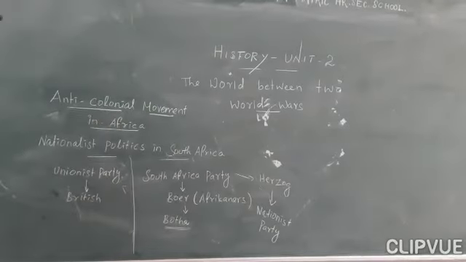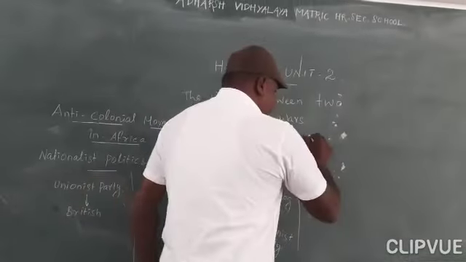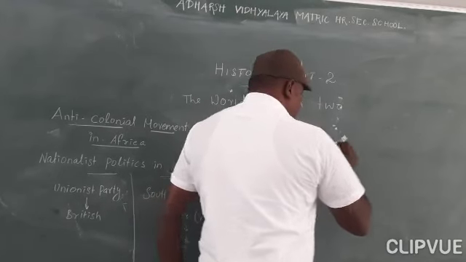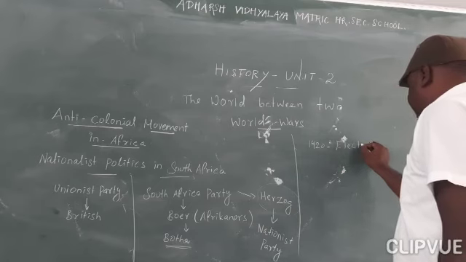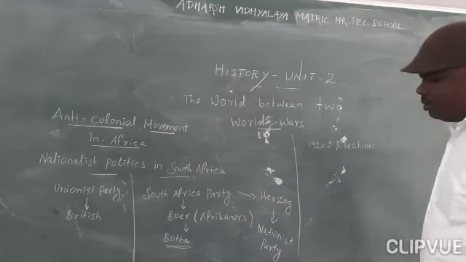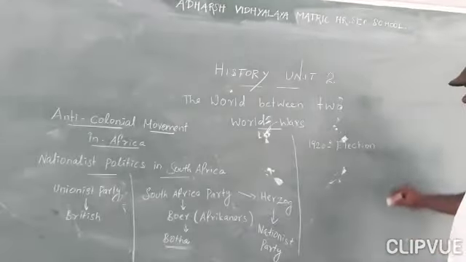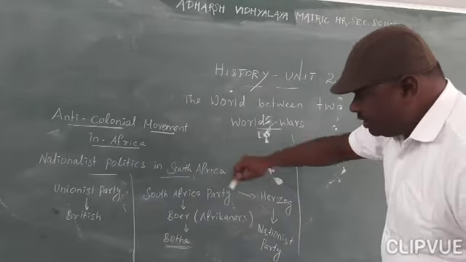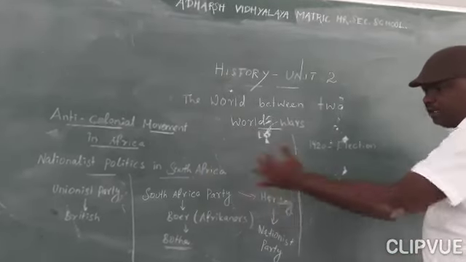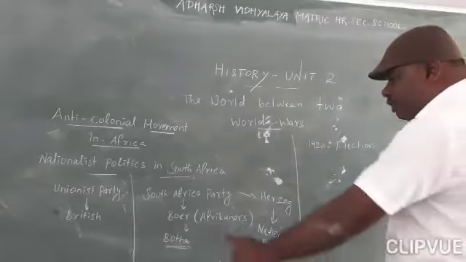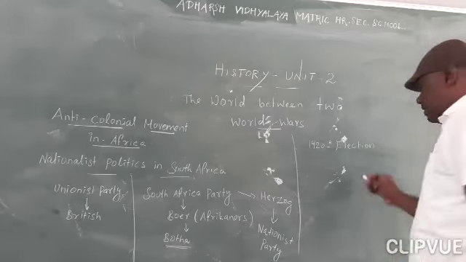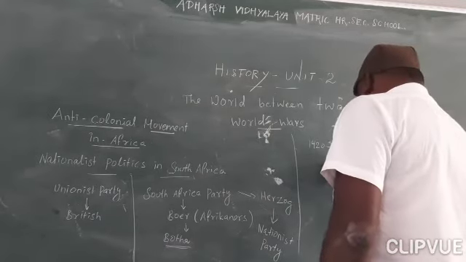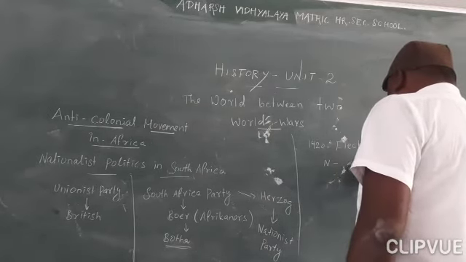In the year 1920, the election was conducted. In that election, three parties participated. The Nationalist Party, under the leadership of Hertzog, secured 44 seats.